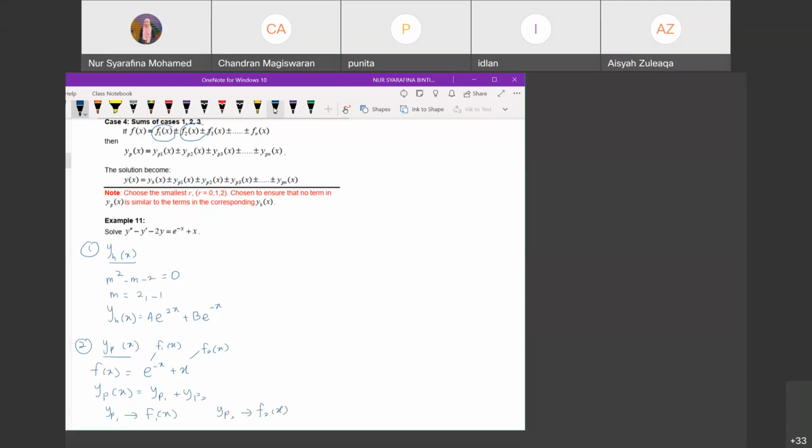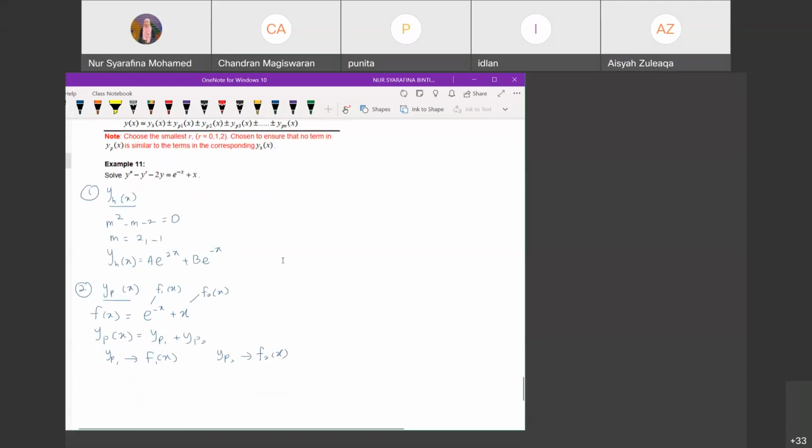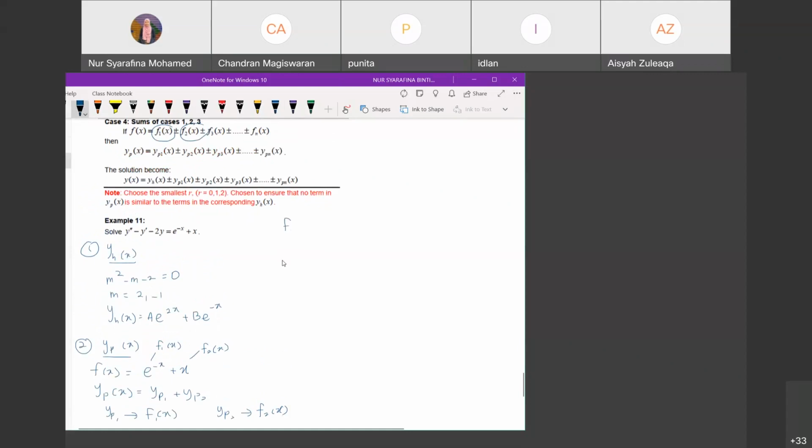So now let's take a look. f1(x) equals e to the minus x. Then your yp1 equals x to the power of r times c e to the minus x. Then same process. When r equals 0, yp1 equals c e to the minus x.